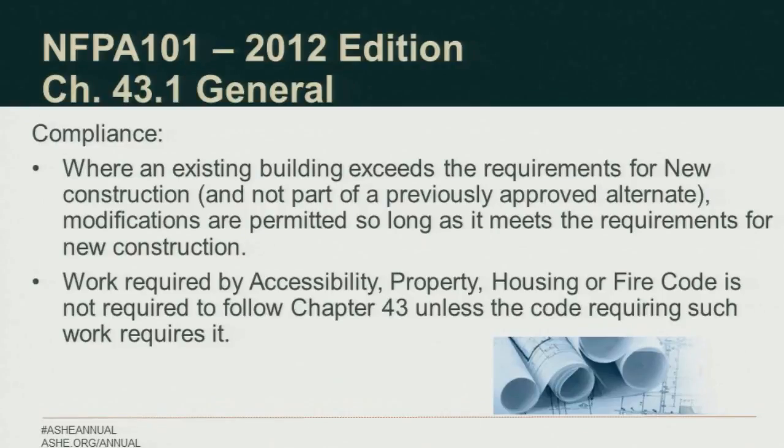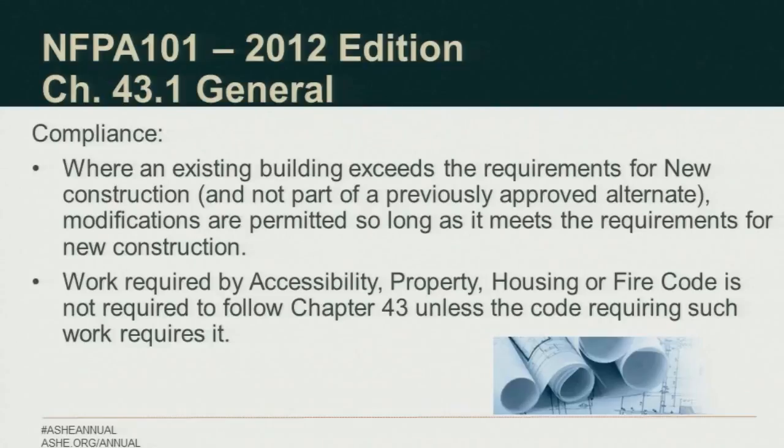How far down can I take that? Any guesses? I mean, existing chapter says I keep it at 4 feet, right? But the code says that I can never reduce it down if I already have in excess of what's required for new. I can't take it down to less than new. So I would have a 12-foot corridor. I could take it down to 8 foot because that's what is required for new. So, does that make sense?